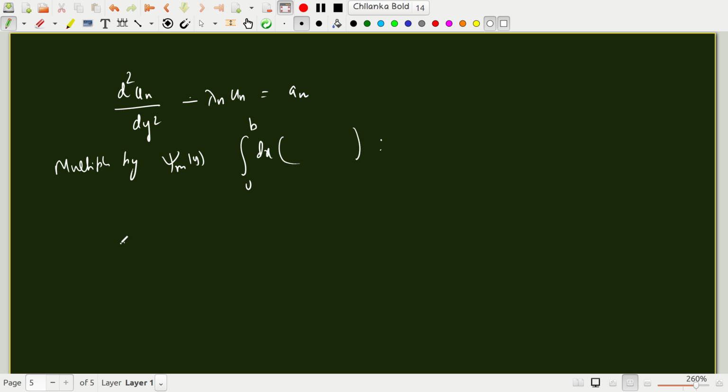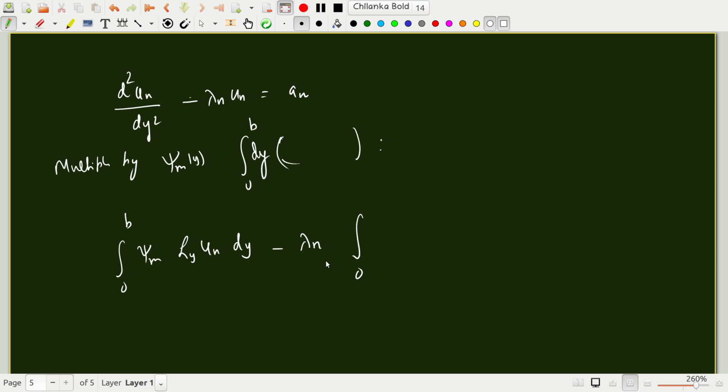When you do that, I'll get 0 to b psi m Ly of un dy. This is not dx, obviously, it's now dy. The integral is with respect to dy minus lambda n.